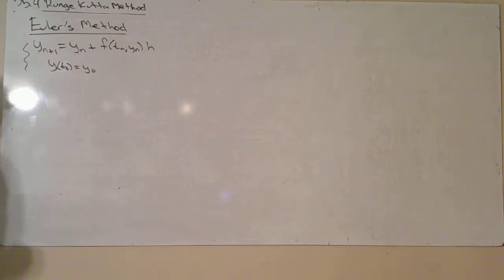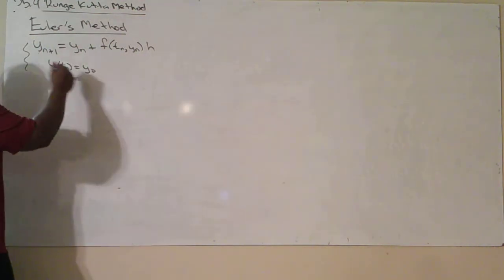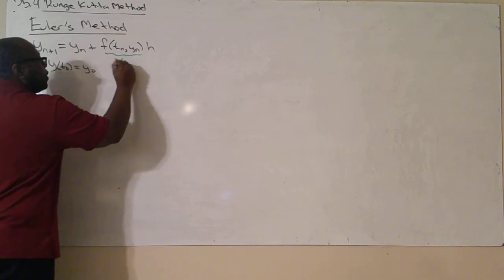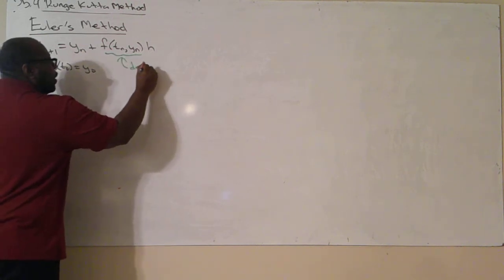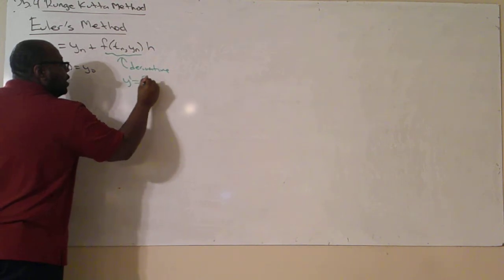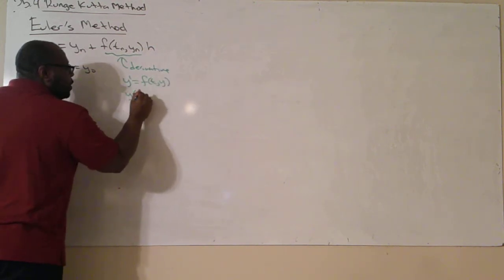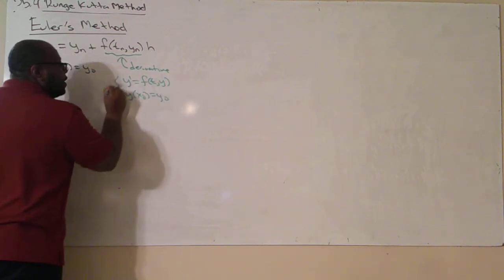Okay. And when we look at Euler's method, what we're really using, when it comes down to it, is that we're using the derivative to help us approximate the next point. So here's our derivative. This is the derivative that we have when we have y prime is equal to f of t, y, with y of t0 is equal to y sub 0. This is our initial value problem, right?